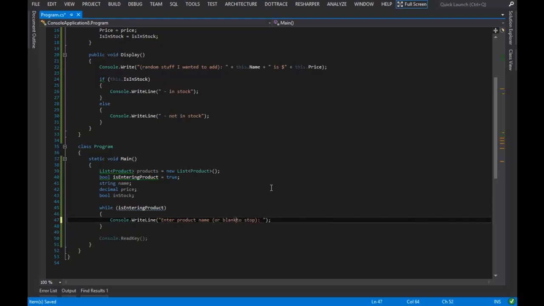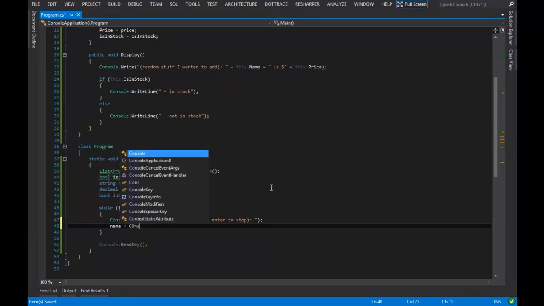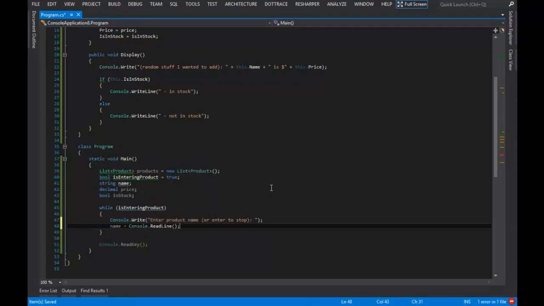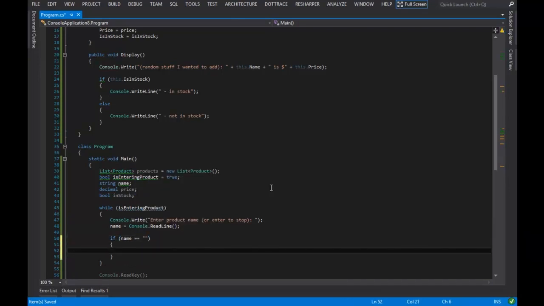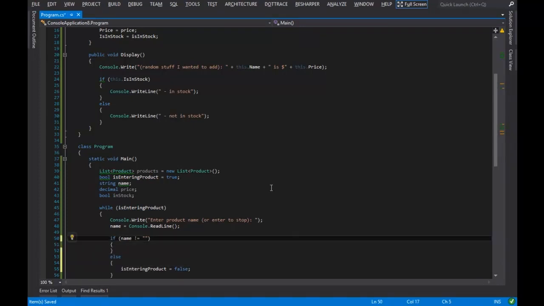How about, or enter to stop, that'd probably look nicer. And then I don't want WriteLine, I want Write. Actually, I want to invert this. I like that more.